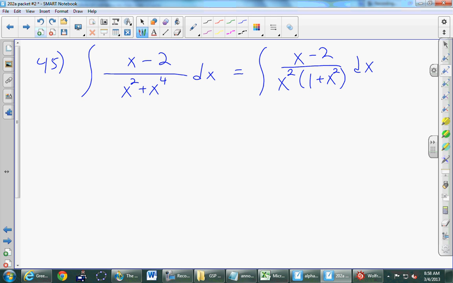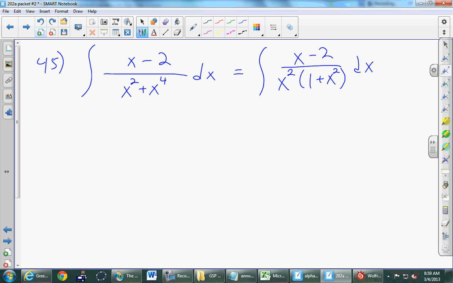Now, as far as seeing through the problem, this is as far as my mind goes. I can't look at that and say, oh yeah, I see exactly how it's going to work out. Everything will be fine. But at this point, I would definitely try partial fractions. And if that didn't work, I'd be in a whole lot of trouble.